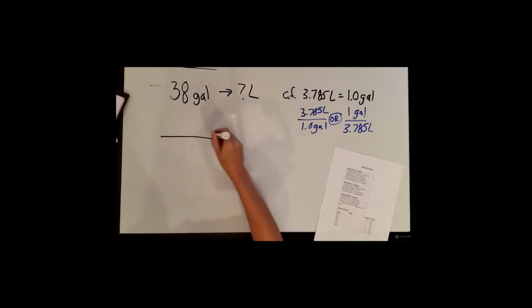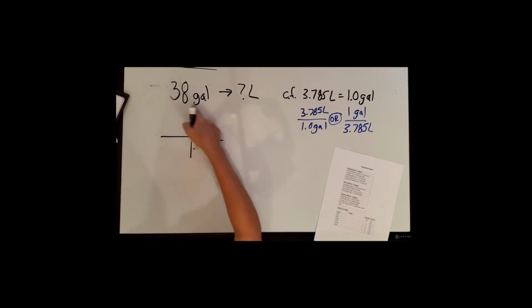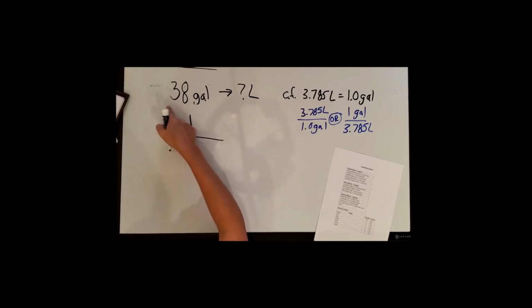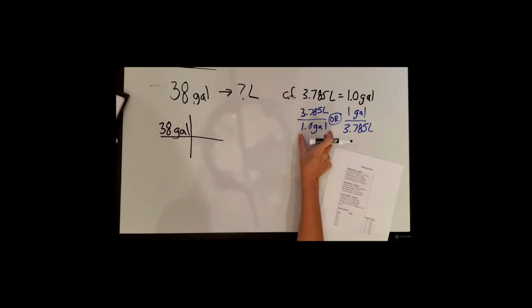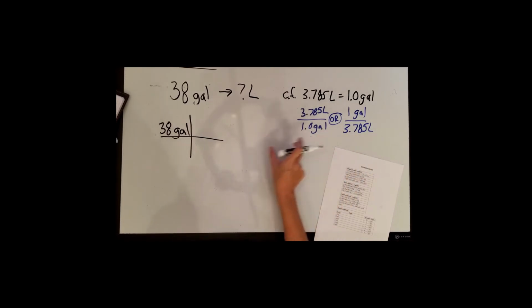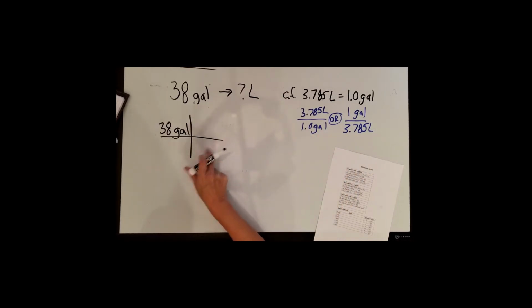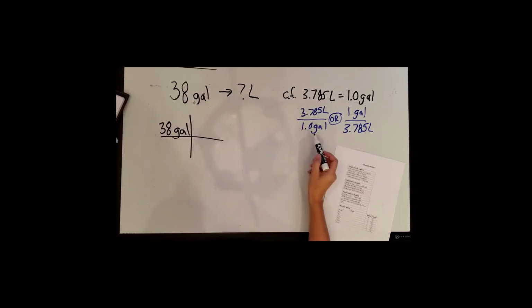So when I do my railroad tracks, I start with the number in the question. It's going to start it off up in this upper left-hand corner. Now I need to figure out which one of these I'm going to use here. Now remember, I'm trying to get rid of gallons. So I'm going to want to pick the one where gallons is in the denominator. So this guy here.